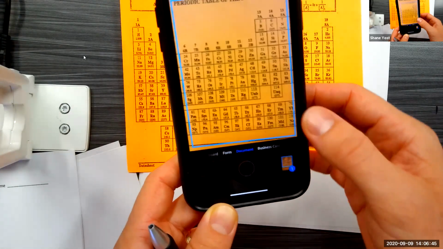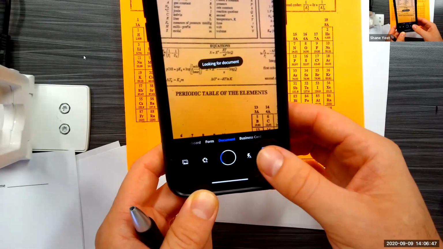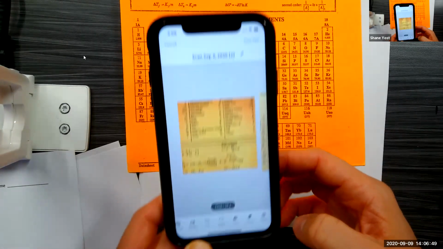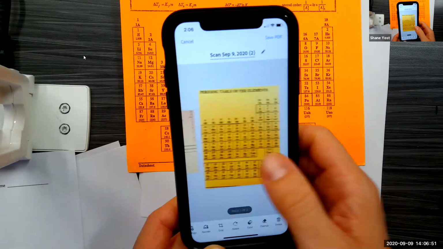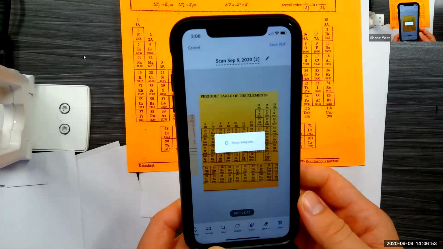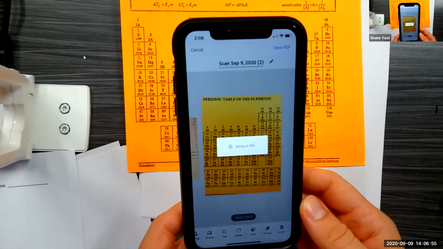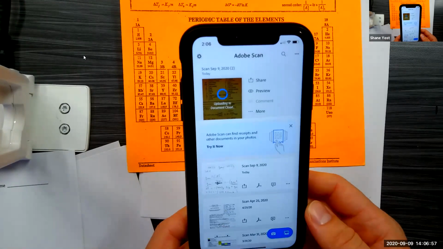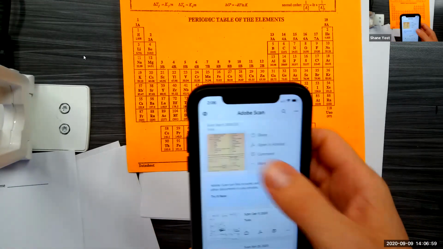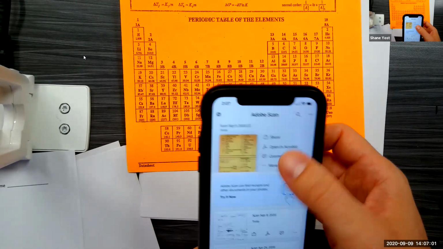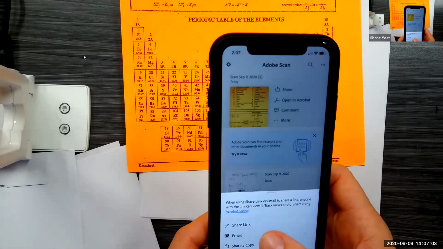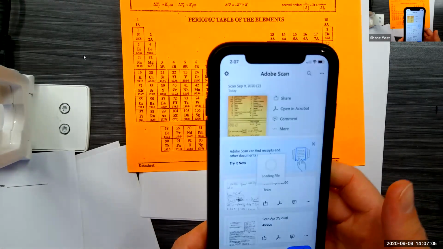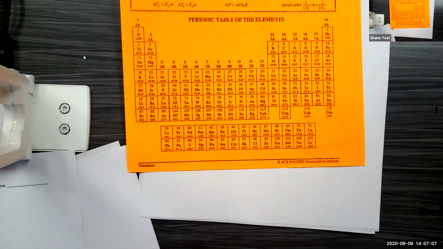When you're done, you click on the bottom right over the file, and then you have your scanned files, and you can save as a PDF. Once it's finished processing, I can open it, or share it via email, share a copy, or something like that.